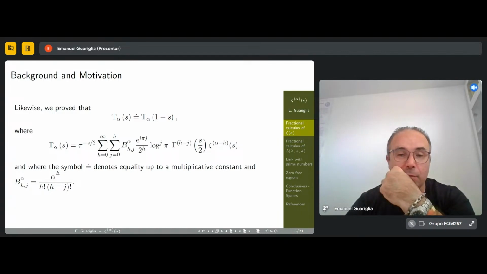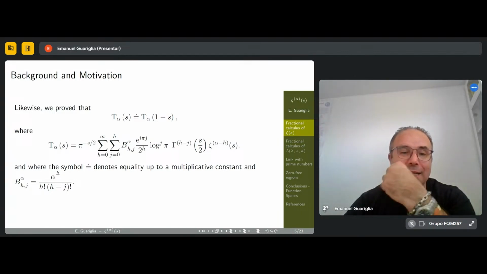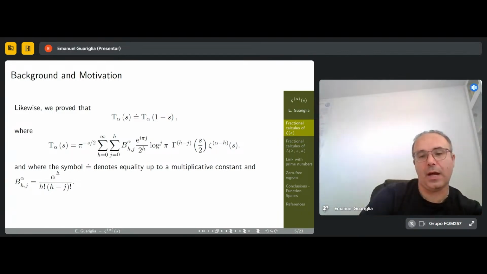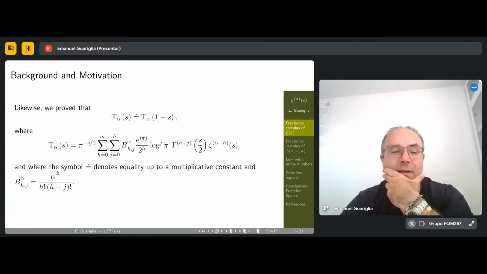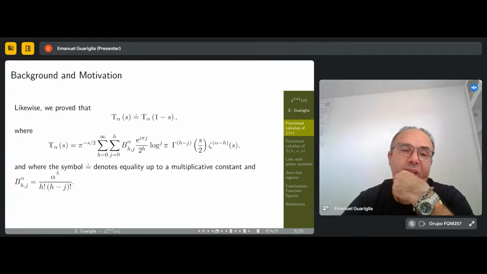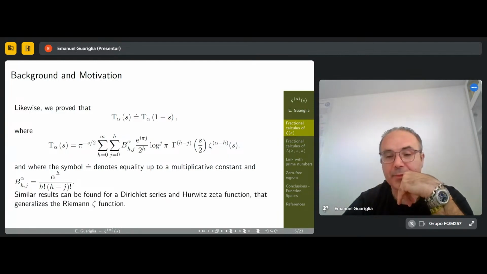But here we have a double summation, and this symbol means that this is true up to a multiplicative constant. This multiplicative constant is an exponential that involves alpha. I also proved these results in 2021.